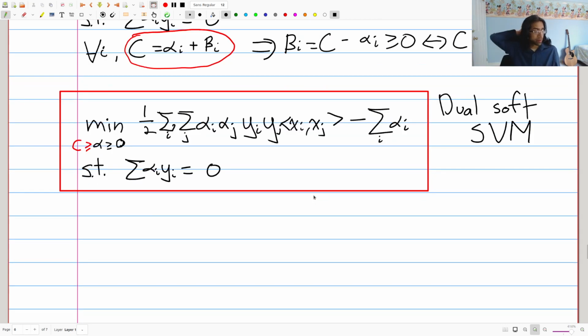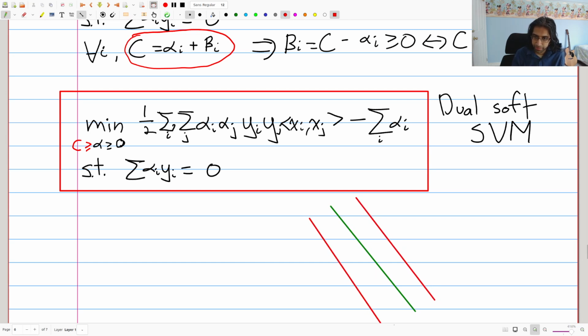Okay, so let's draw the picture we had from last time where we were talking about the support vectors and see what we can say now in this other case. Remember the picture we had before where these lines, something like that. It doesn't have to be perfect. And we had some points here, here, here, and so on. And then minus points over here.